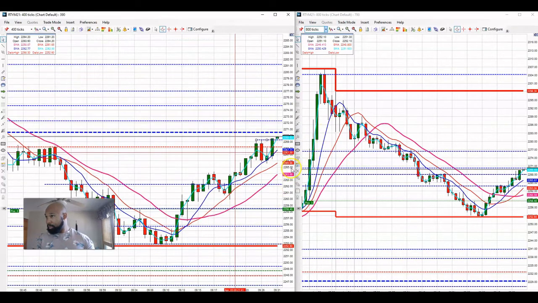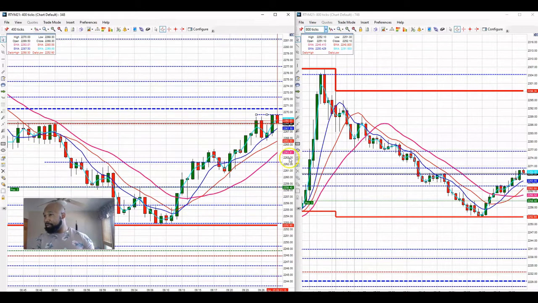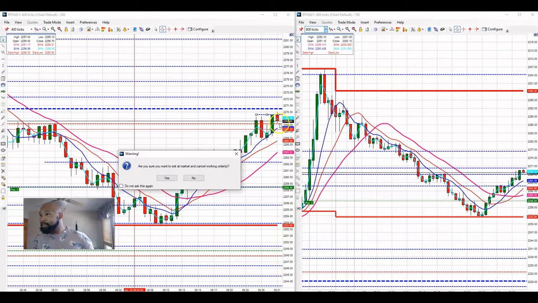Crossed it. Crossed but revert, which is terrible. Okay. It would be nice if it just went up from there, but it crossed it and reverted.